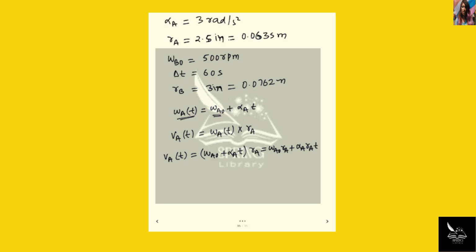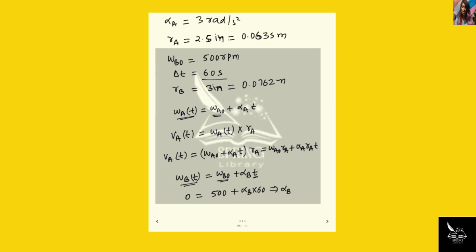Okay, now for disk B, we can write omega B t equals omega B naught plus alpha B multiplied by t. As we have omega B naught as 500 rpm, and omega B final will be 0 because it is stopping, and time t is 60 seconds, we get 0 equals 500 plus alpha B multiplied by 60.